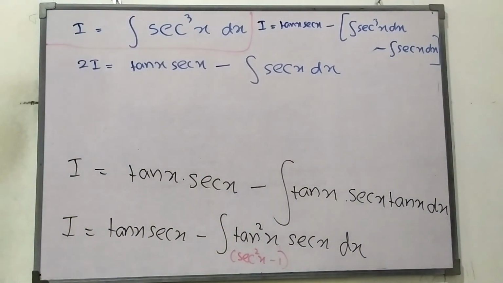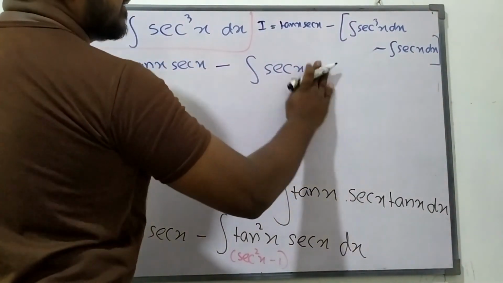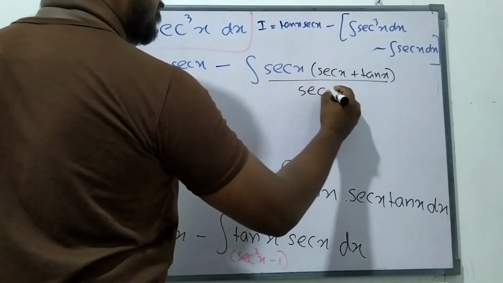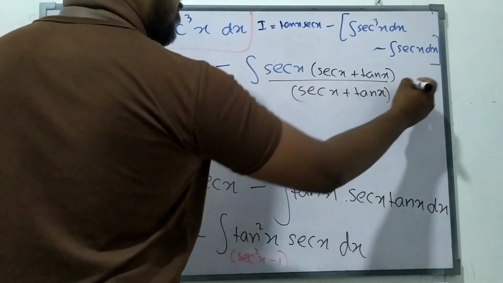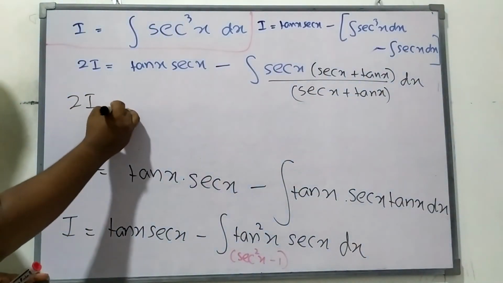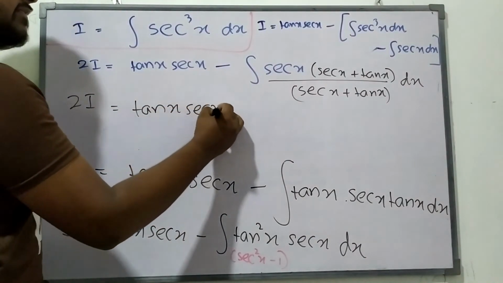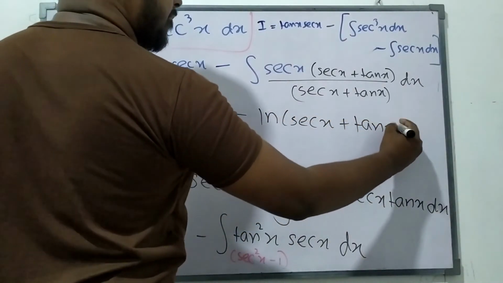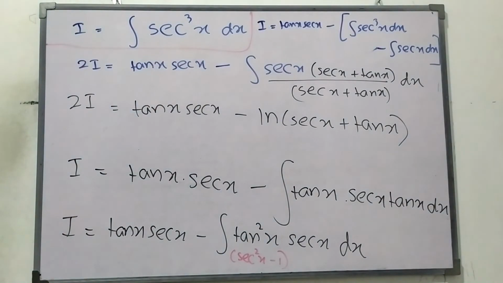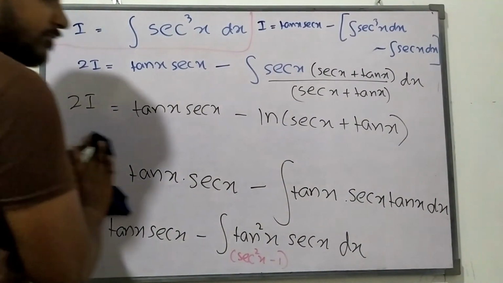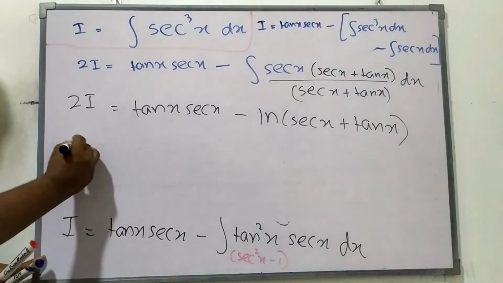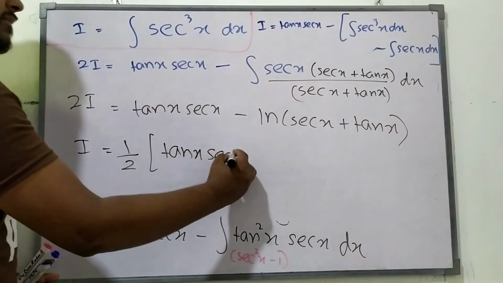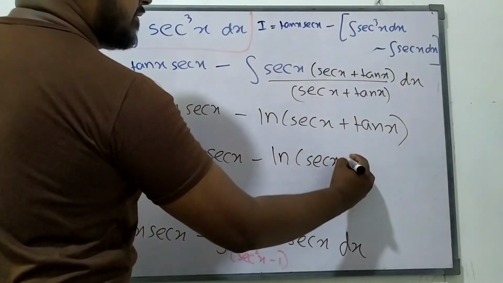So for integral of sec x dx, you should multiply both numerator and denominator by sec x plus tan x. The 2I will be tan x sec x minus ln of sec x plus tan x. So now time to divide by 2. I becomes 1 over 2 of tan x sec x minus ln of sec x plus tan x.